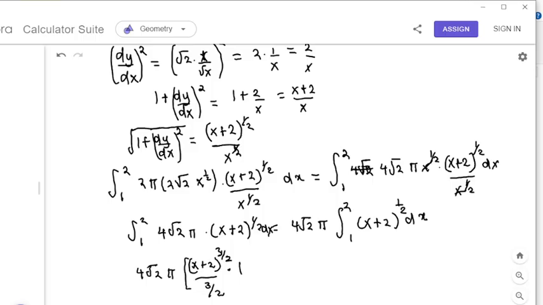Whatever is inside the bracket, you differentiate. This gives us 8 over 3, because this will be 2 over 3. The 2 over 3 will cancel somewhere, and then you're left with 8 over 3 root 2 pi.